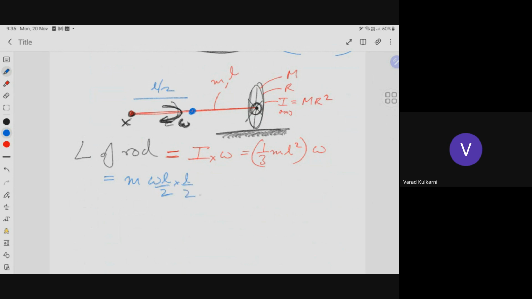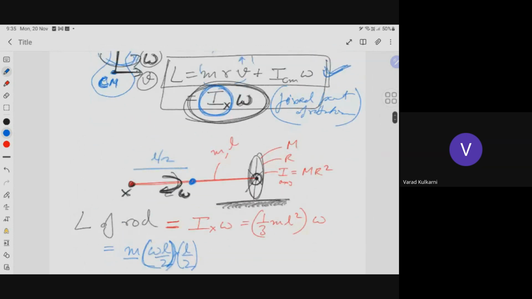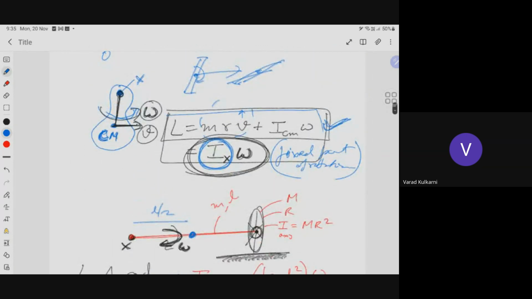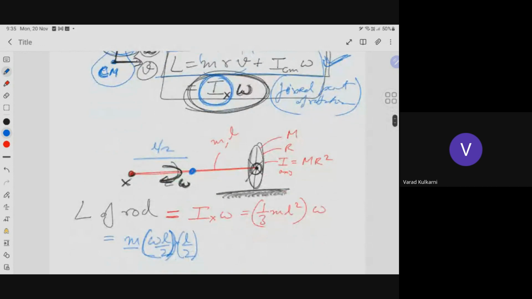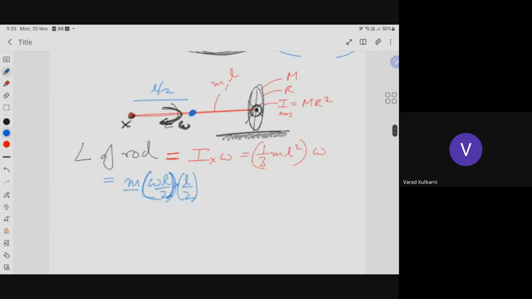It is L by 2 away. mvr is the first part of that formula, right? The second part of the formula is you sit in the center of mass and observe things. So I_CM for a rod is 1 by 12 ml squared.